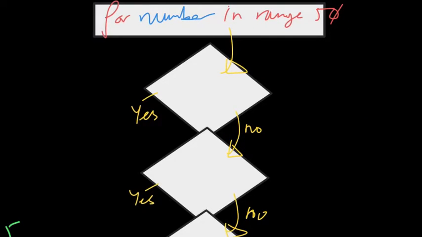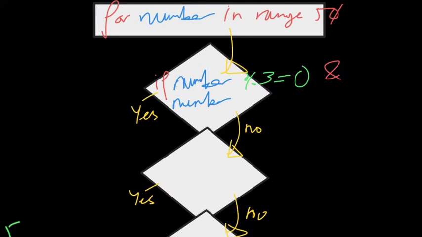So let's put our conditions in. Let's write if number modulo 3 equals 0 and number modulo 5 equals 0.